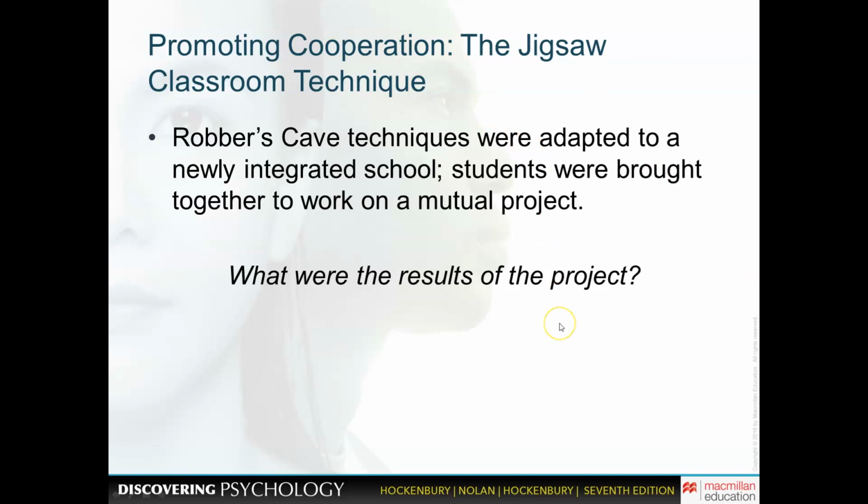What is important to keep in mind from this part of the discussion is cooperation. Cooperation between groups will actually reduce the hostility that might have existed between the two groups prior to that.